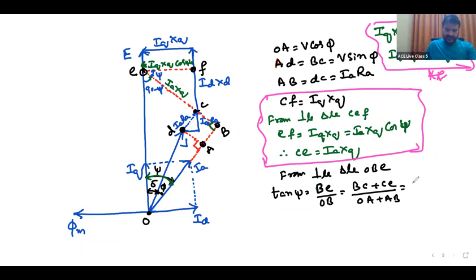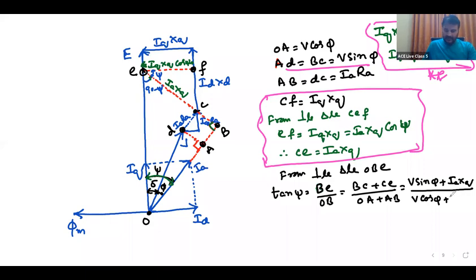But what is BC? We know BC is equal to V sin phi. From this diagram, you can find BC is equal to V sin phi. CE is equal to I_a X_q, and OA is equal to V cos phi.